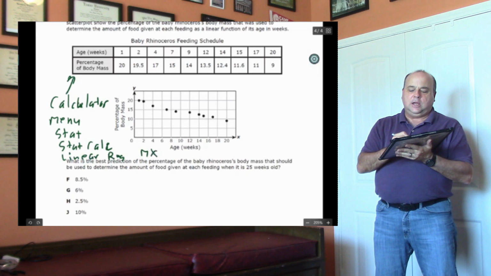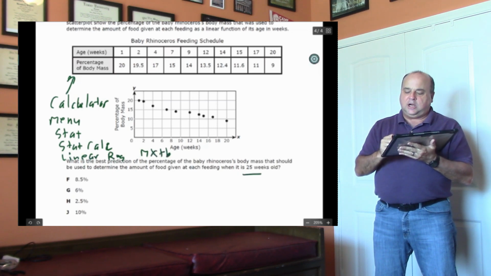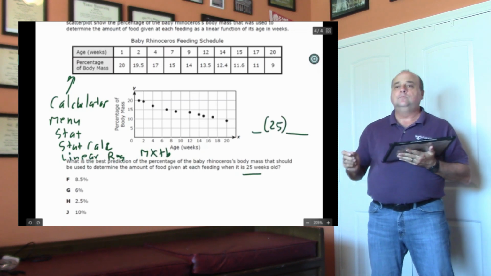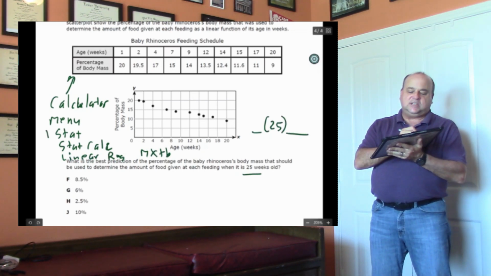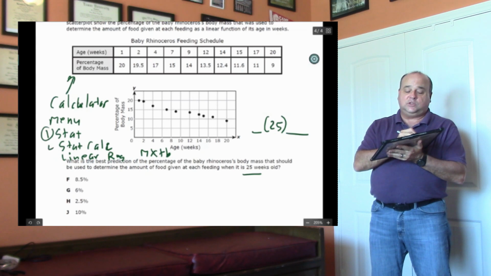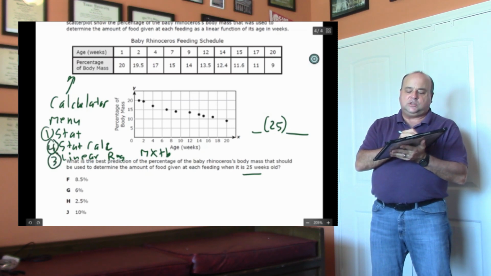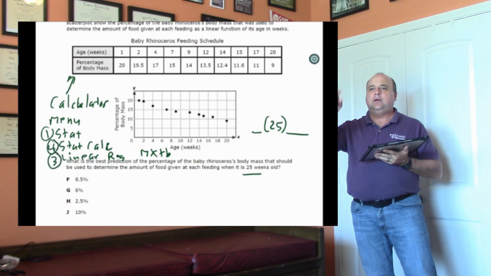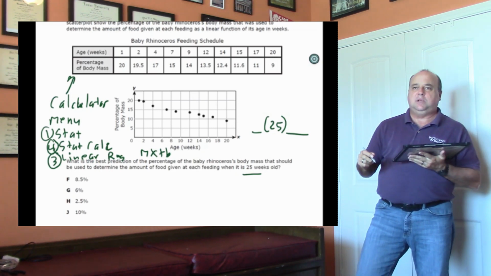And then you would get your mx plus b, and you're going to predict with 25. You would put 25 in for x, wouldn't you? Okay, and remember, it was menu, stat was 1, stat calculation was 4, the linear regression was 3, then you hit x down, y down, enter, and boom, you got your mx plus b, right?